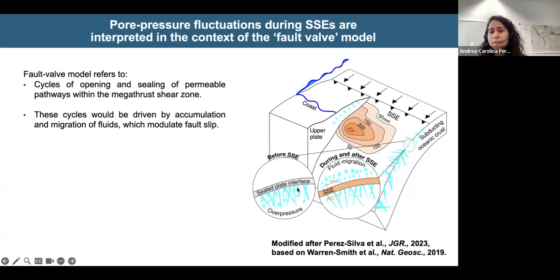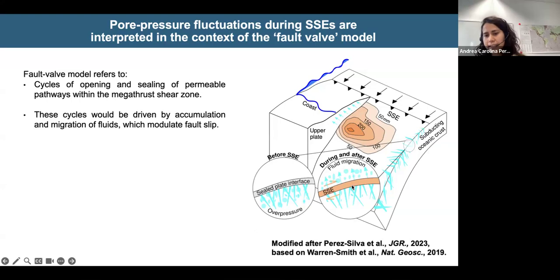And as the pore fluid pressure builds up, it eventually reaches values close to lithostatic, which starts fracturing the rock. And these fractures eventually induce slip along the shear zone.